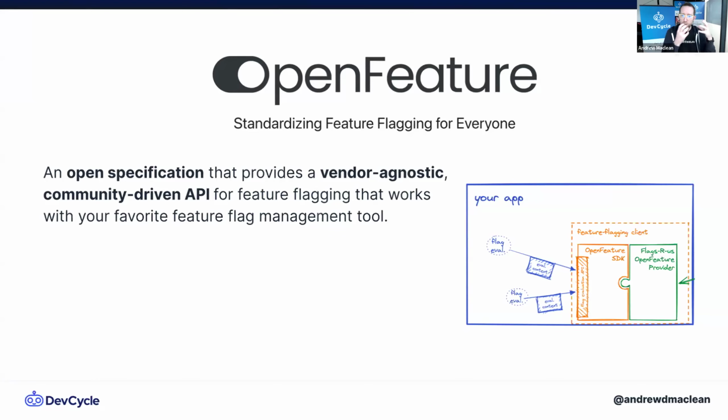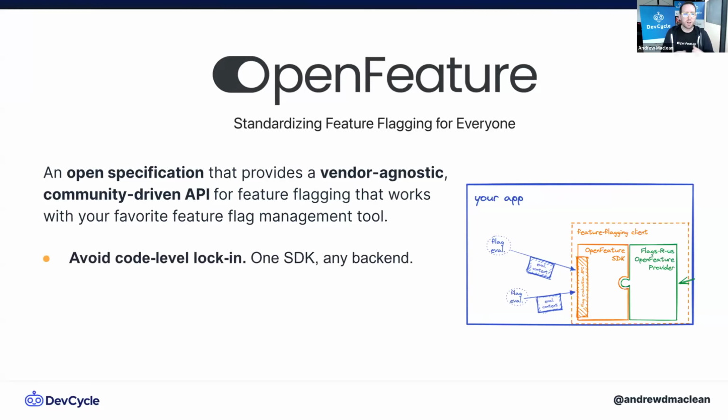We have the OpenFeature SDK, and then an OpenFeature provider that's provided by one of those many feature flag management platforms we looked at before. Those two puzzle pieces working together allow you to create your feature flagging client, and then you're able to implement feature flags with this open standard that allows you to move back and forth between different feature flag providers in the future, if that's something you want to do, but also to really adopt this standard in a meaningful way.